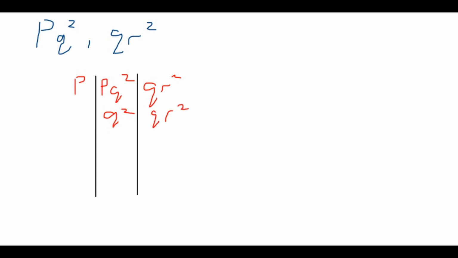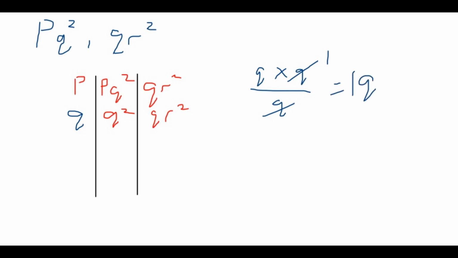Next, we divide by the next letter. Since there are no more P's, we divide by Q. Q squared divided by Q. Now Q squared is Q times Q. And if we divide by Q, one of the Q's will cancel out and be left with only Q. Since this cancels out, you'll be left with 1, and 1 times Q is just Q, or 1Q.